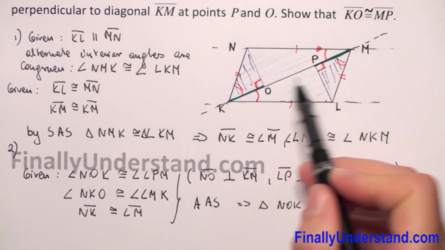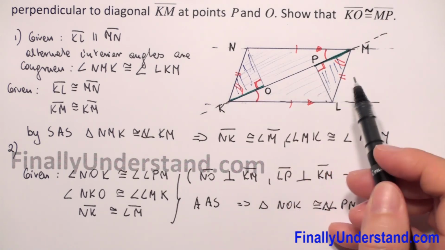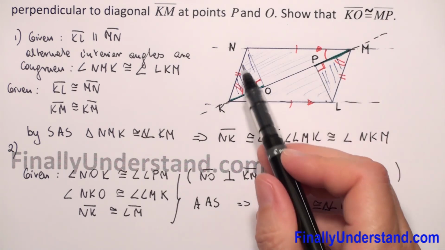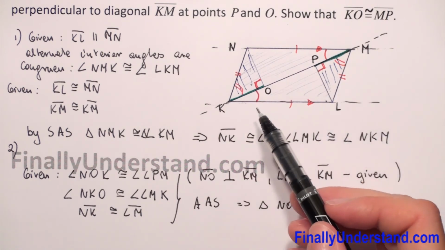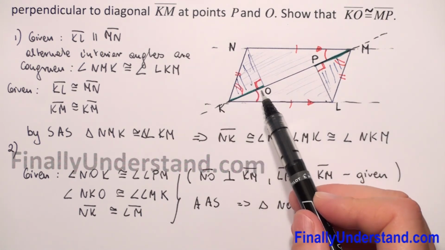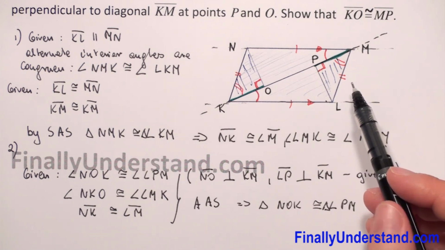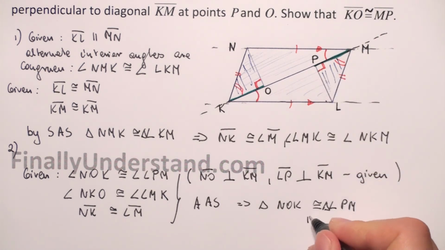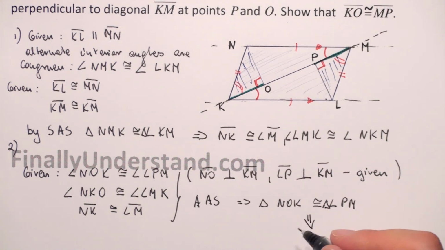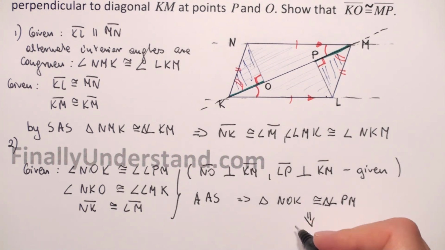So if this triangle is congruent to that triangle, it means that segment KO is congruent to segment MP.